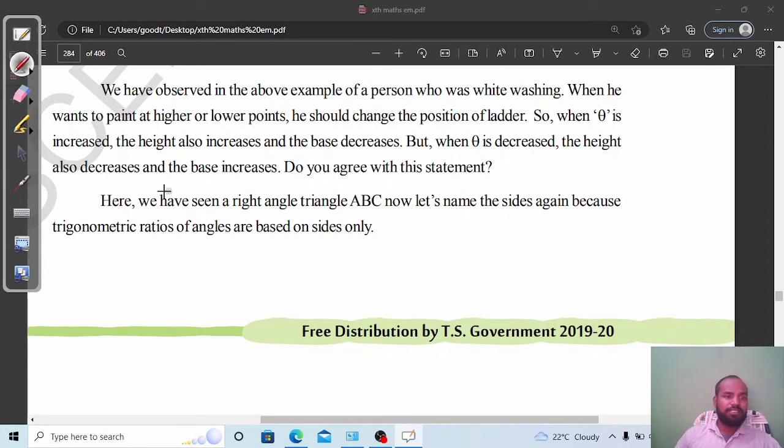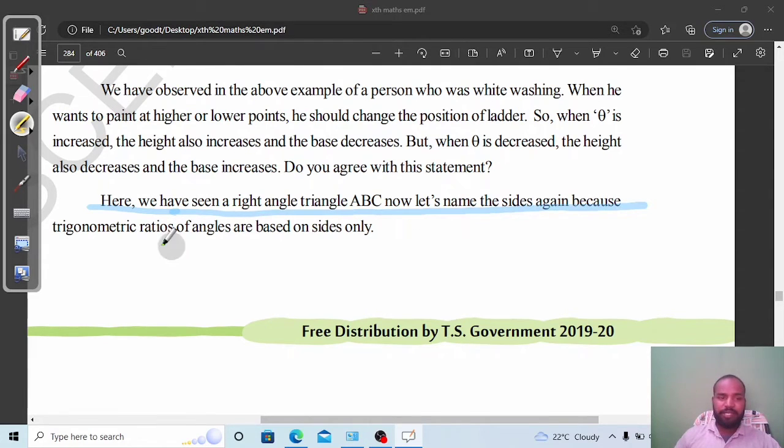So next, see here. We have seen the right angle triangle ABC. Now let us name the sides again, because trigonometric ratios of angles are based on sides only. So this is the main point. What is the main point here?